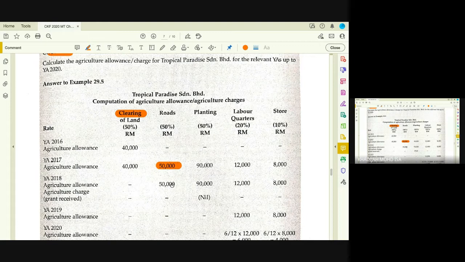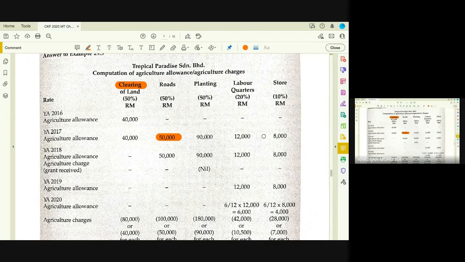Similarly for planting, you claim 50% each in 2017 and 2018, so only 2 years. But for labor quarters, it's 20%, which means you claim in 2017, 2018, and 2019.